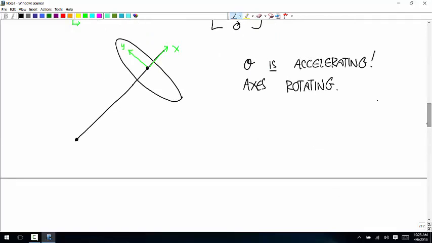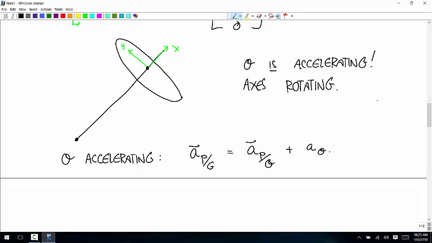And so, since the origin is accelerating, we're going to have to use a relative motion equation that says the acceleration of p relative to the ground, which is what we're always trying to calculate, is equal to the acceleration of p relative to the origin plus the acceleration of the origin relative to the ground.